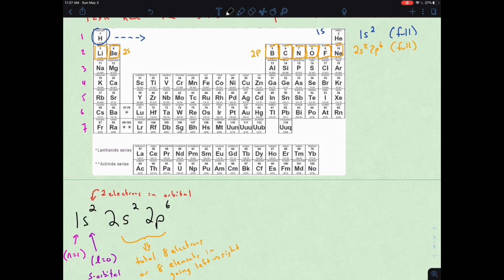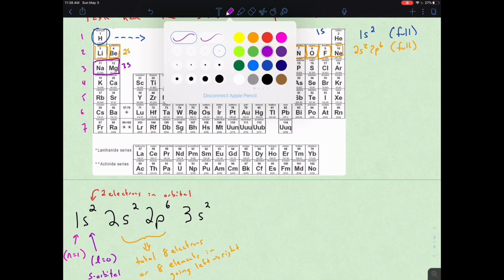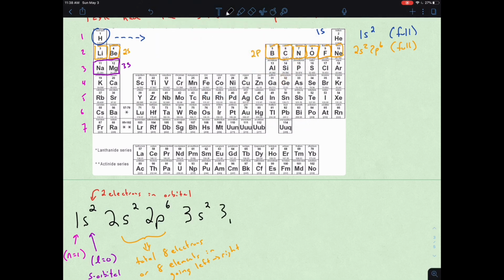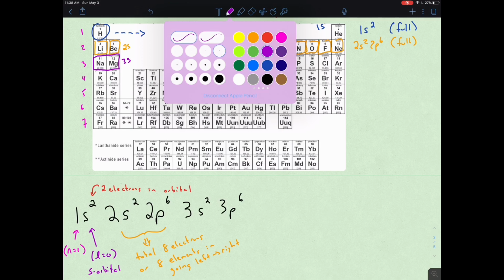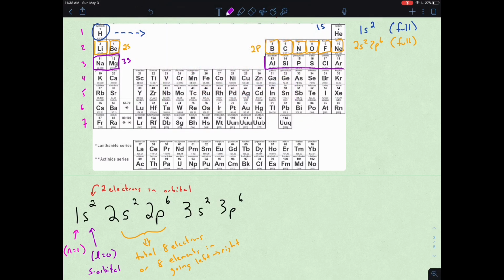So if we go down to the third level, we're looking at sodium. Now we have our 3s2, right? And that's filling in what we have here. There's our 3s. And now we're going to our 3p6, and we're filling that up. And so now we're off to the right with aluminum all the way to argon, and there is our 3p.